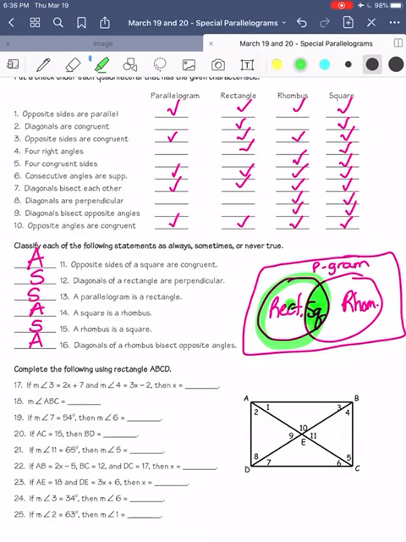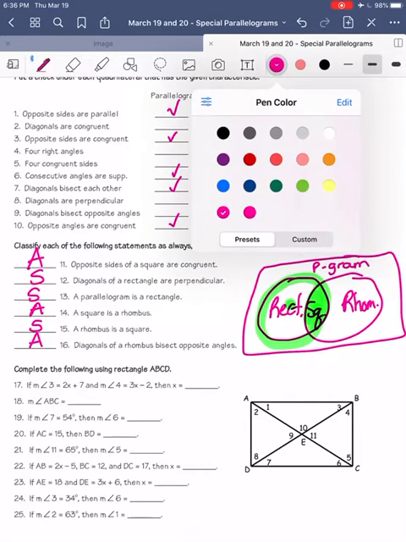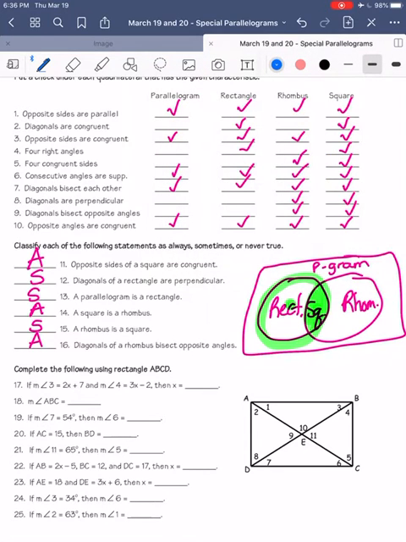So because a square is sometimes a rectangle, then we can say it's going to be sometimes, and that sometimes would be if it's a rectangle. Let me write that down. If the rectangle is a square. Okay?